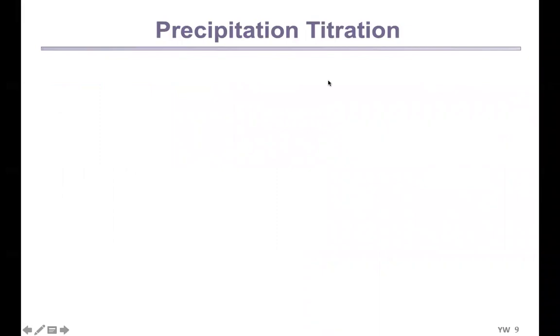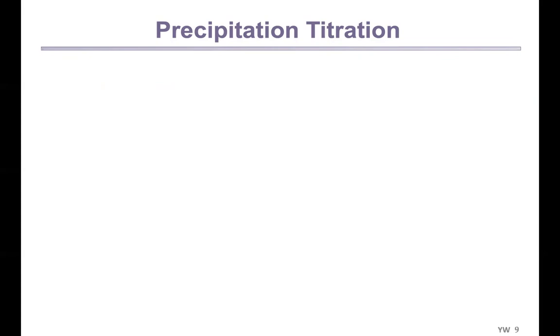So the titrations we have mentioned so far are mostly using color to tell the endpoint, right? From last class we talked about precipitation, and precipitation is when you're forming something insoluble.